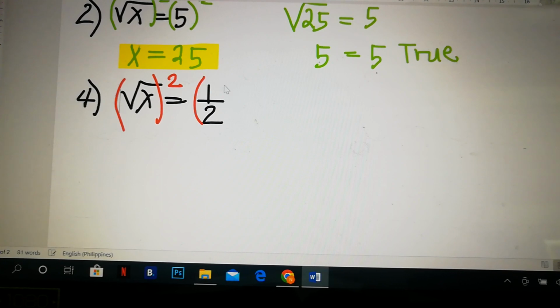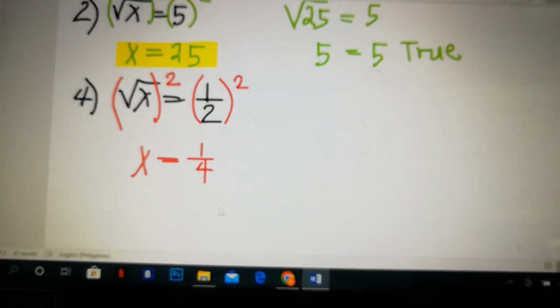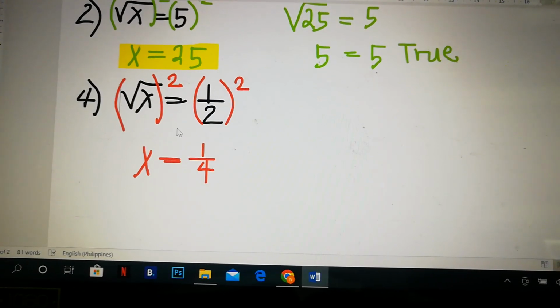Square the left side, square the right side. Square root of x squared is equal to x. 1/2 squared is equal to 1/4. Since the exponent tells how many times you multiply the base, that is 1/2 times 1/2, equal to 1/4.